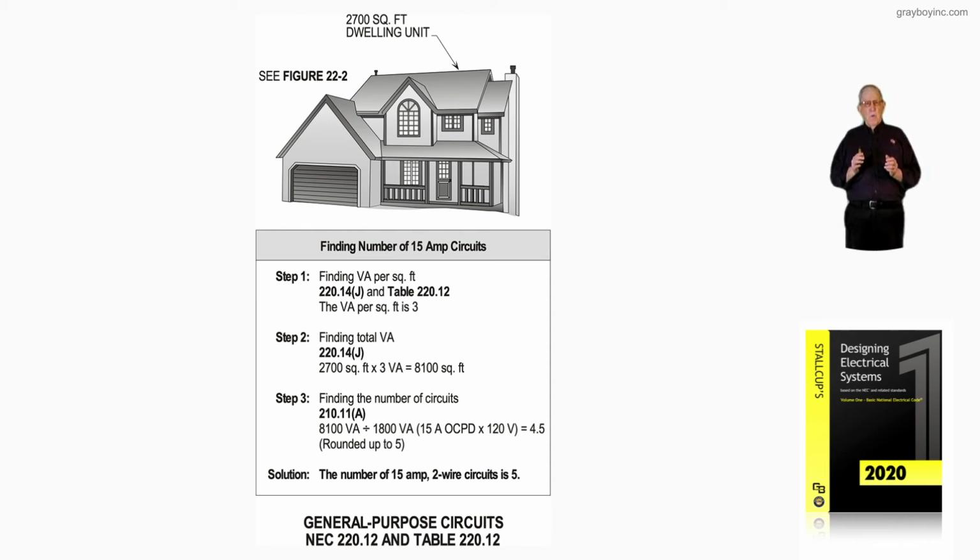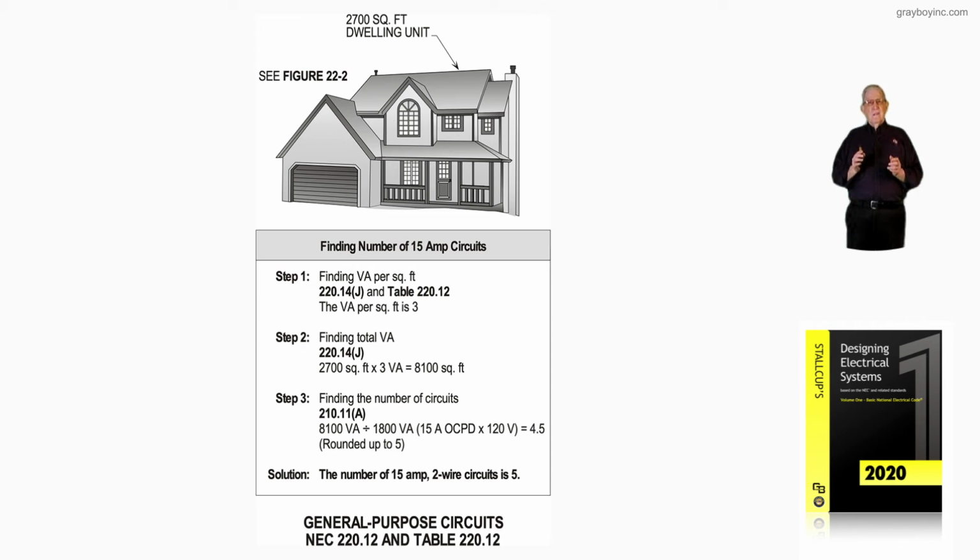We come up with 4.5, and that's a round up to 5 circuits. And then you could take 5 times the 1,800 VA, and you see we do exceed the 8,100 VA, so the 5 circuits would supply that.